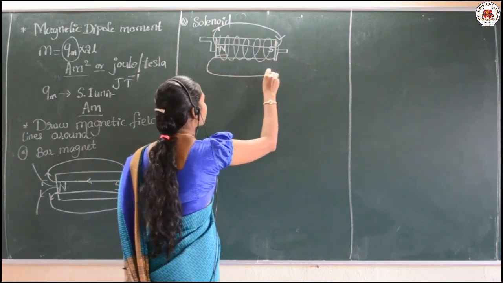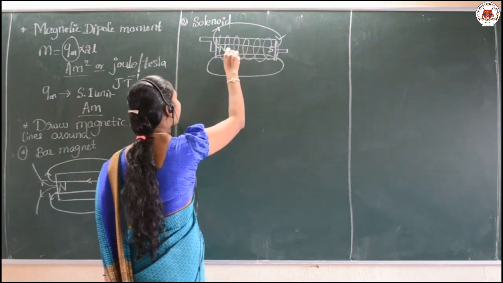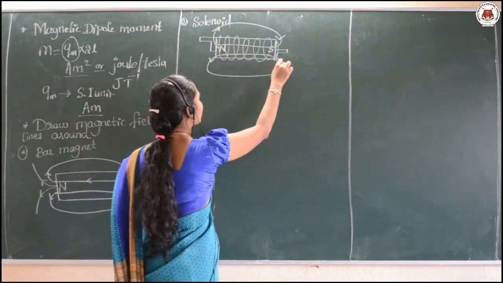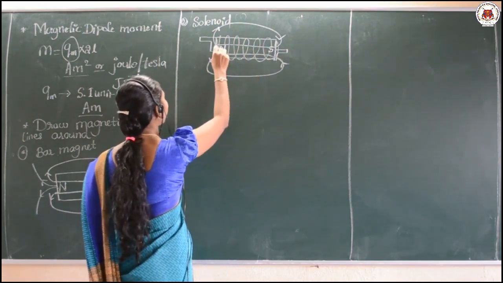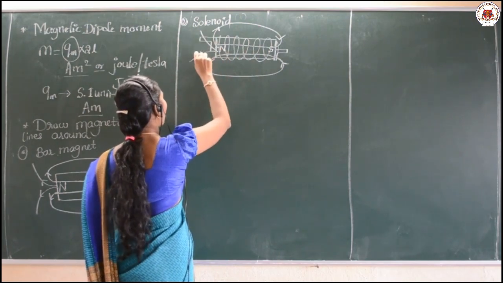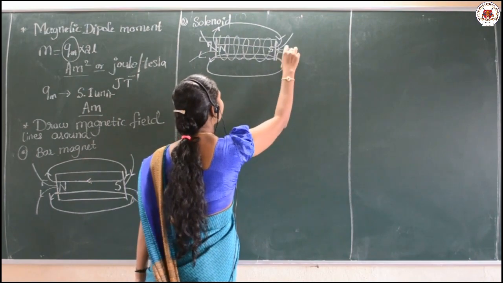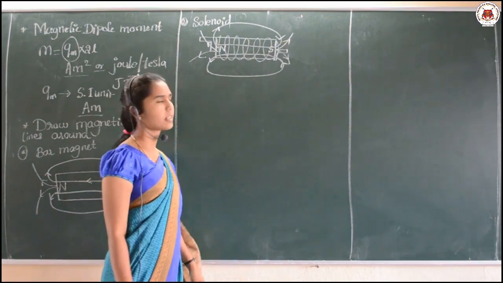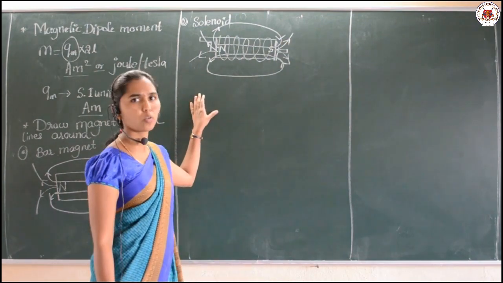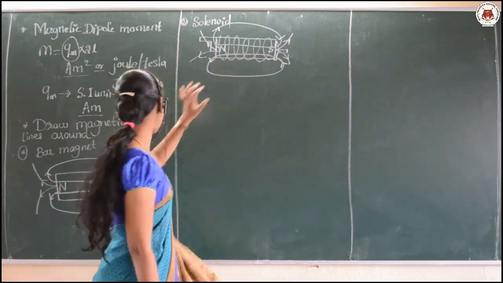Why I am stressing this: once, for 2 marks, the question came to represent or draw the magnetic field lines around a solenoid. Yes, it may be for 2 marks. So a solenoid means like this.